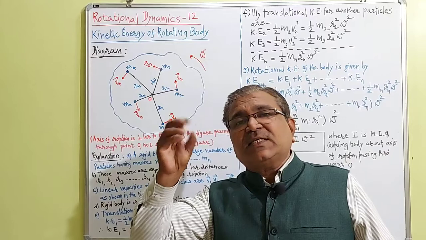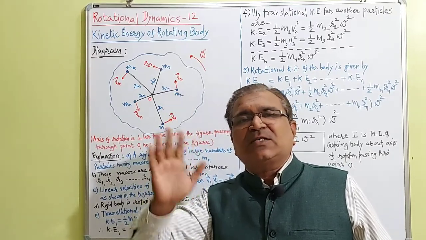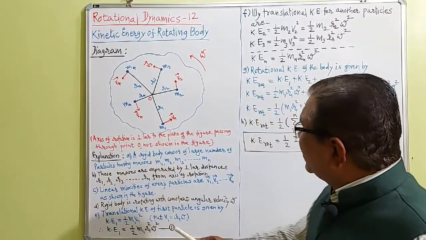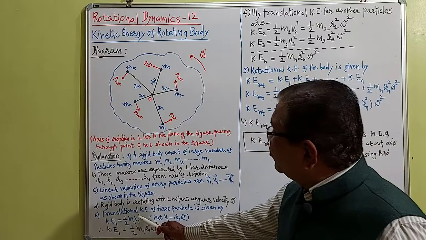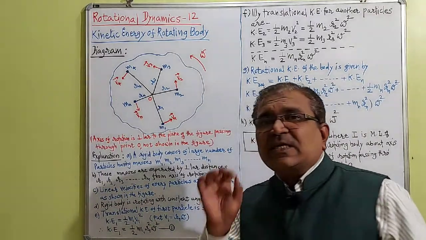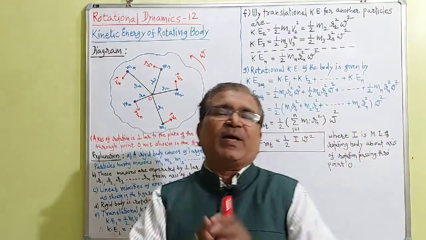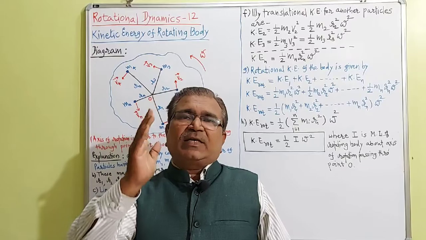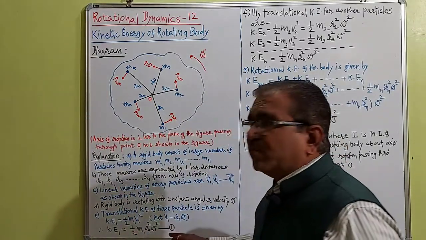Omega is a constant term, the angular velocity which remains constant throughout. So v1 square is equal to r1 square omega square. By putting that value here, we get the translational kinetic energy of the first particle, KE1 is equal to 1/2 m1 r1 square omega square.